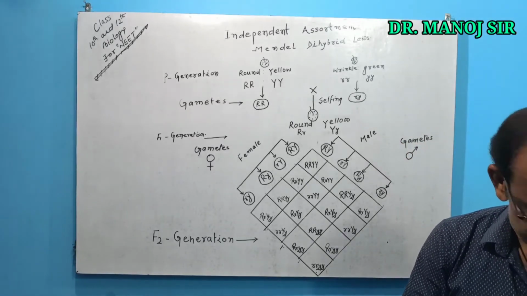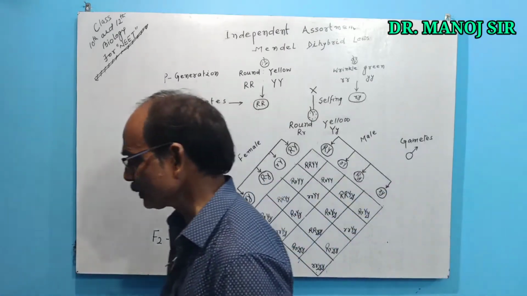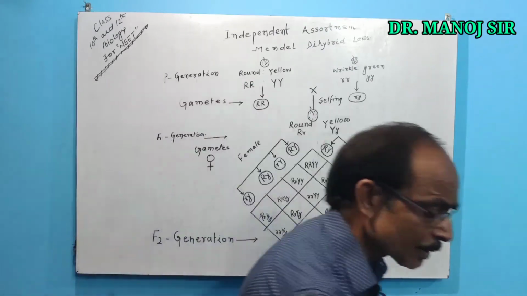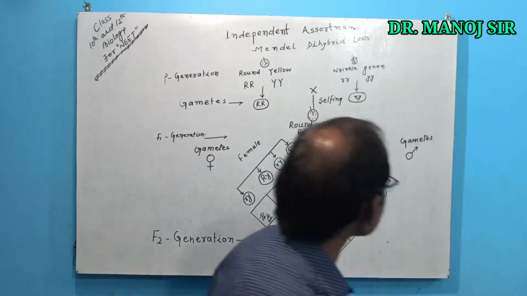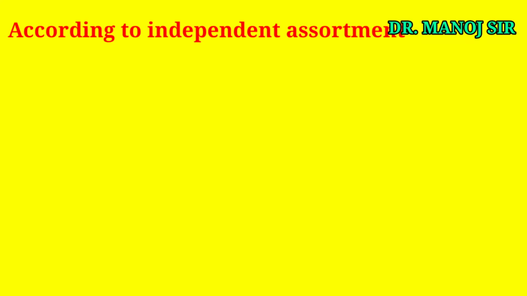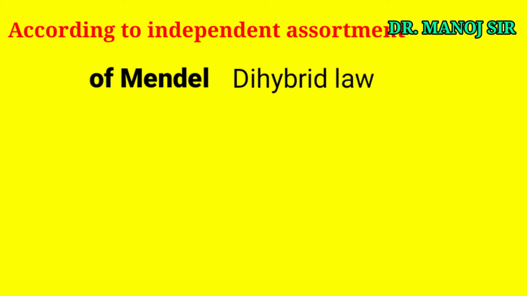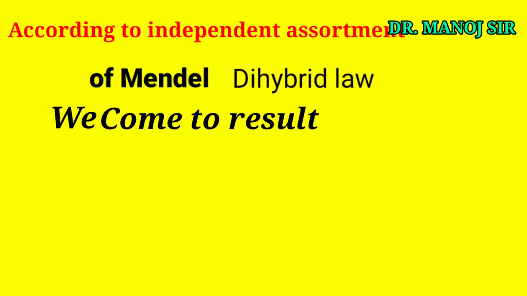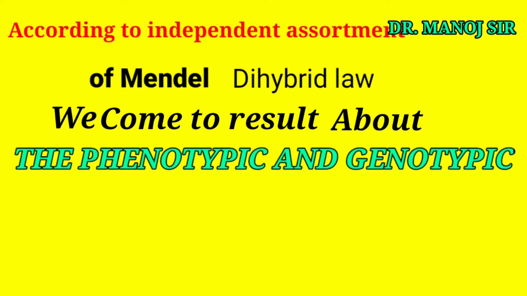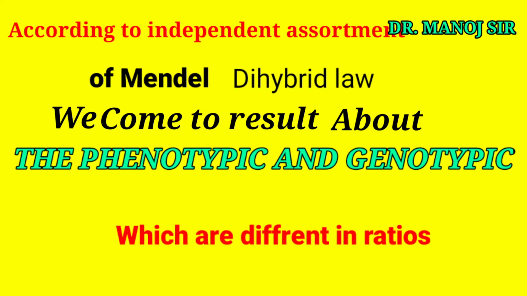In this way, according to independent assortment of Mendel's dihybrid law, we come to the result about the phenotypic and genotypic ratios, which are different.